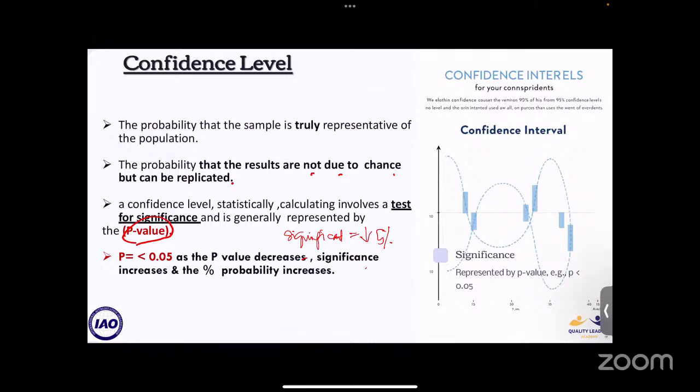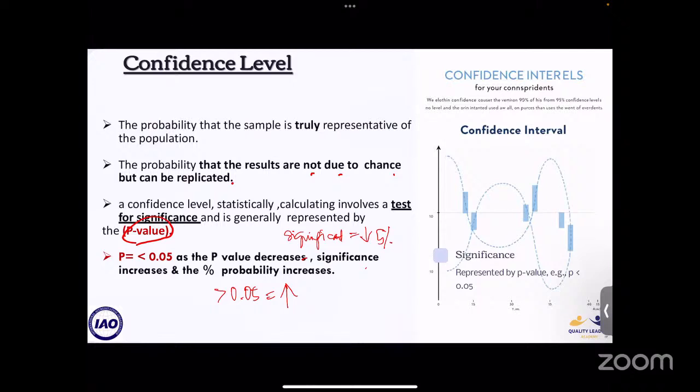So what if the p-value is more than 0.05? It suggests a higher probability that the results may have occurred by chance, reducing confidence in their reliability. To explain more, the confidence level represents how much we can trust that the sample accurately reflects the population, and the p-value measures the likelihood that the results are due to chance.